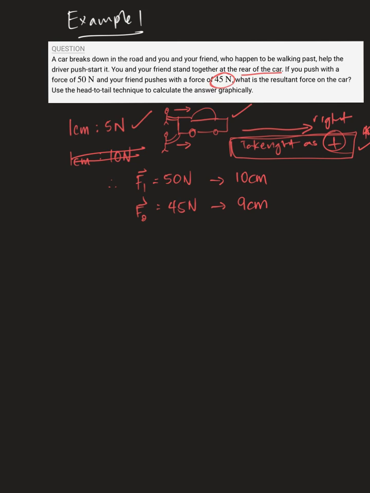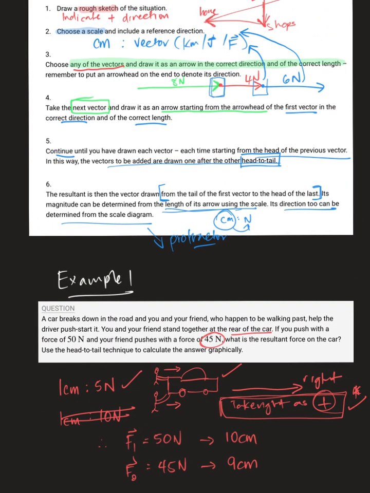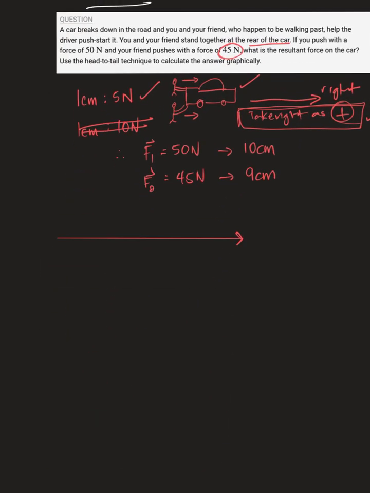So if I was looking here, I'm going to go 10 centimeters till there. Right, and that is my first vector. And I'm going to put an arrowhead at the end. See? It says draw any vector, draw it as an arrow in the correct direction. So remember, we're moving the car to the right.